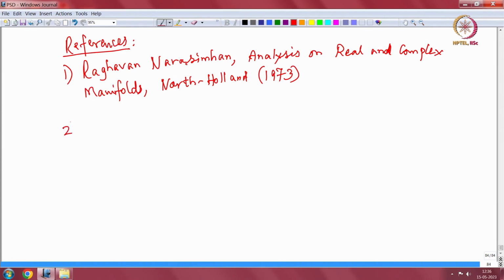Another one is Lars Hörmander. These are not easy books to read. Hörmander has 4 volumes on linear PDE. What I am referring to here is volume 1, which is relevant for our course, and it exclusively deals with distribution theory and Fourier analysis.